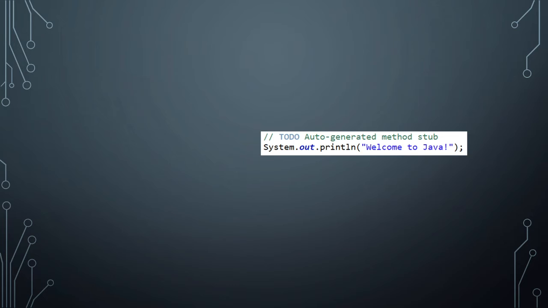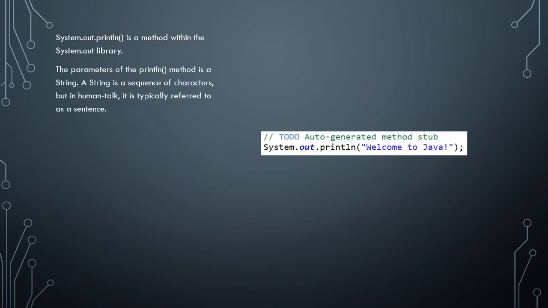So here we are at the executable code: System.out.println("Welcome to Java"), and a line above it. The System.out.println is a method within the System.out library. The parameter of a println method is a string, and a string is a sequence of characters. But what is a sequence of characters normally? Well, in human talk, it's typically referred to as a sentence.